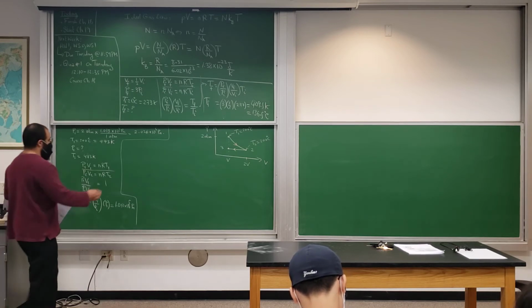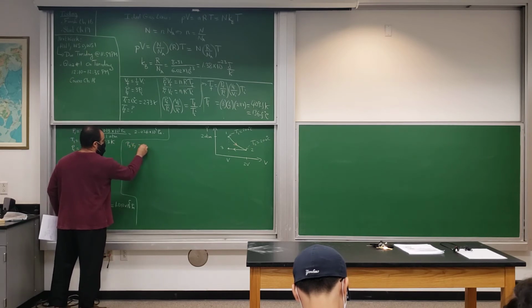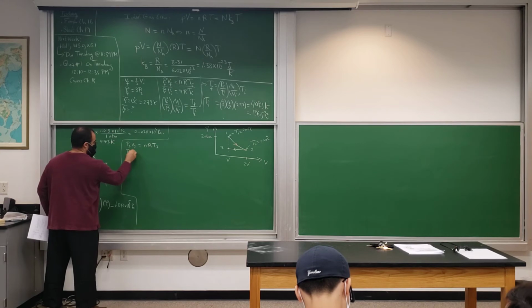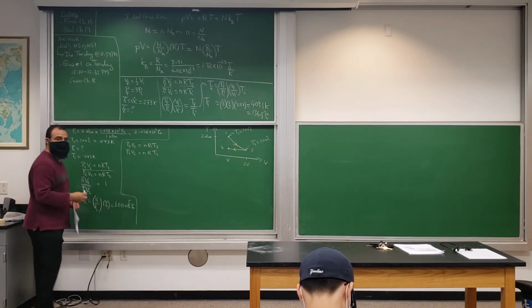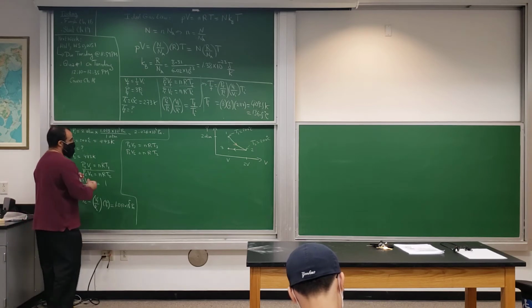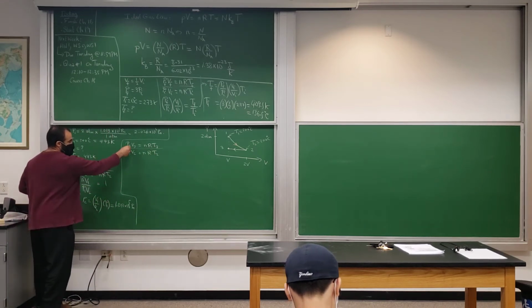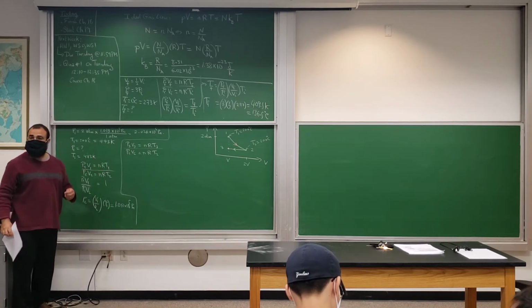So we got P3 V3 equal to nRT3, and then P2 V2 is equal to nRT2. Divide both sides. On the left side, what's going to cancel?